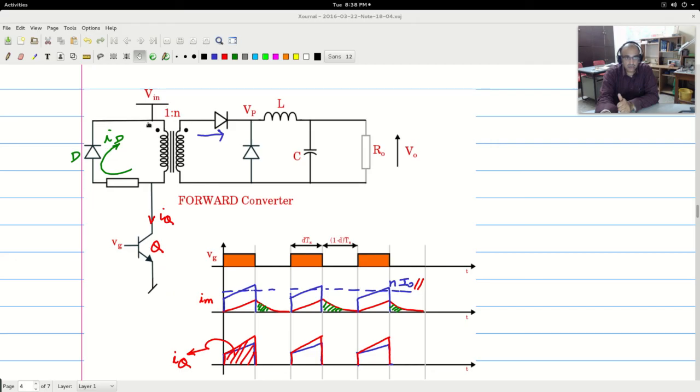It should withstand V in when the transistor here is switched on. So this way you can rate the various components. It is now a good time for you to simulate the circuit and learn more about the various waveforms at various points and get more insights into this circuit.